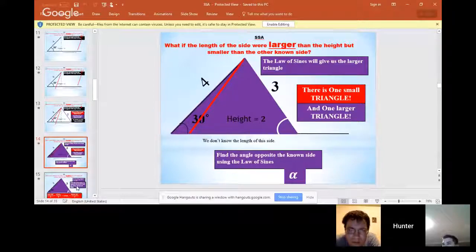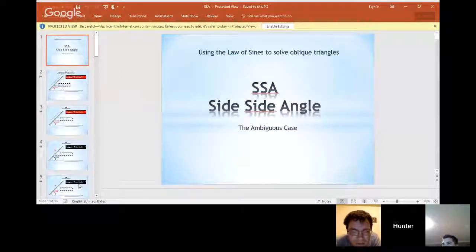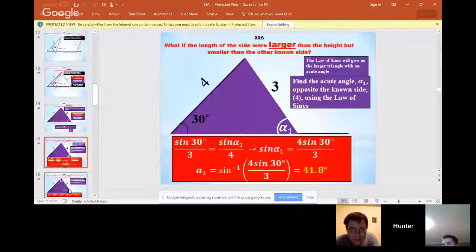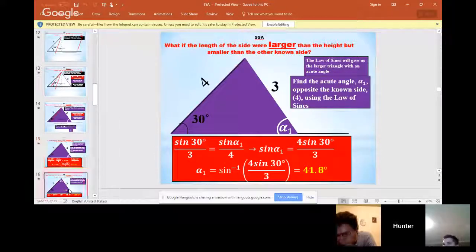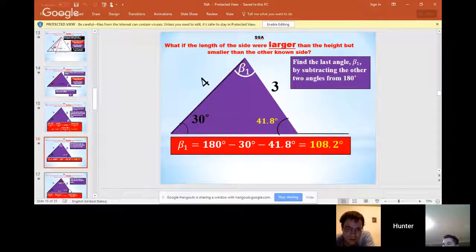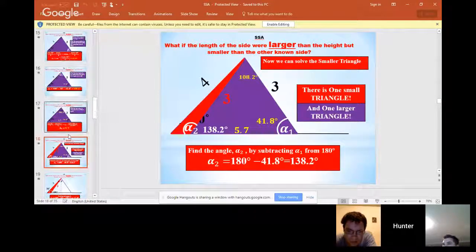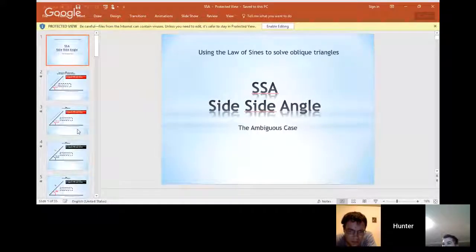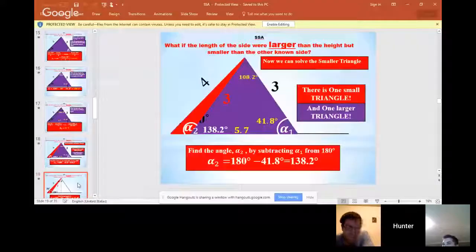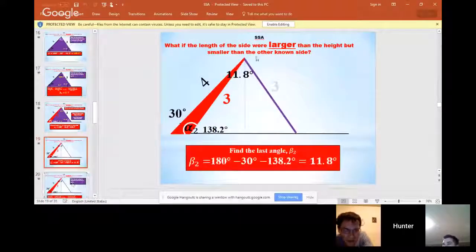The law of sines will give us the larger triangle. And that's a smaller triangle right there.